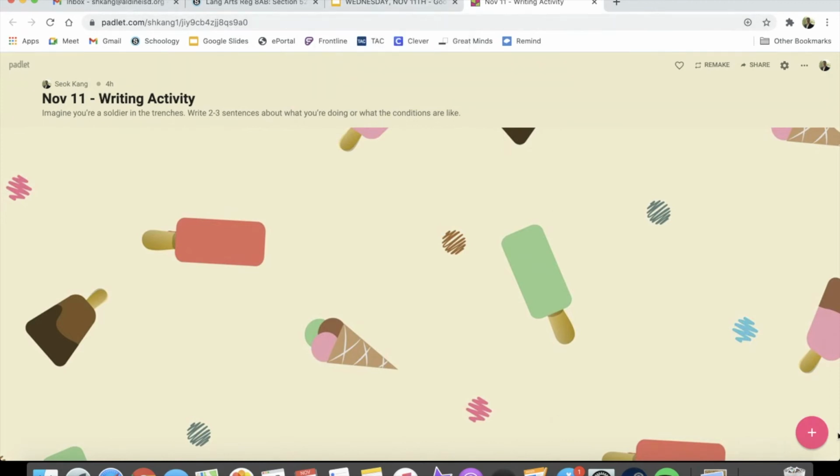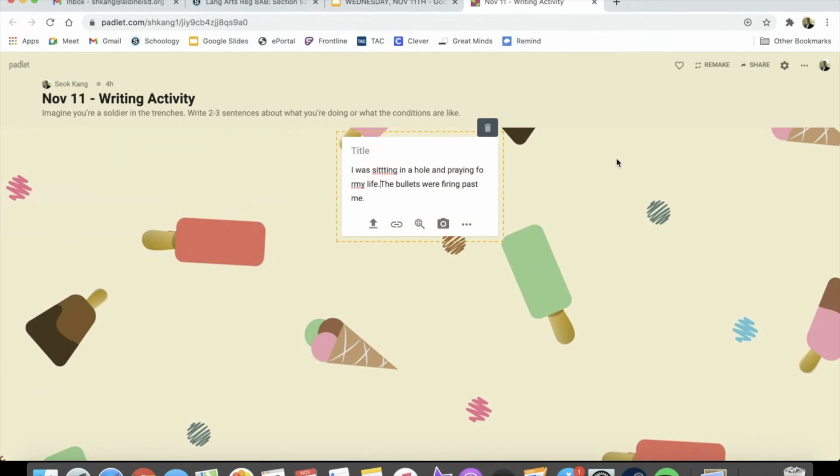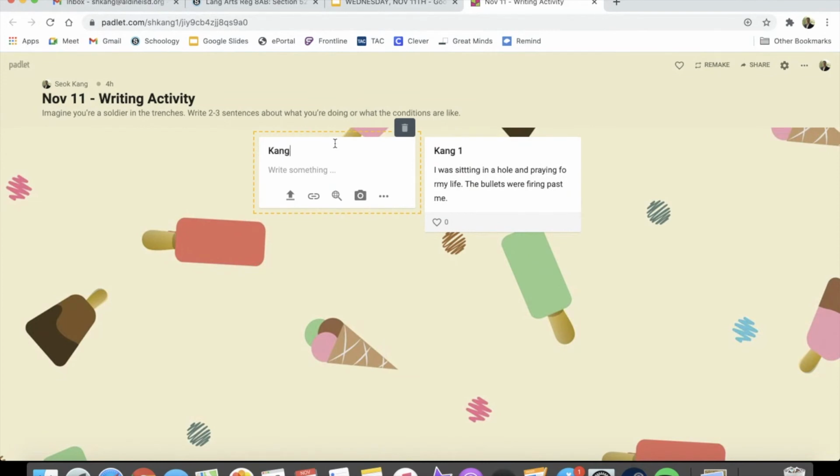And how you do that, if you didn't watch that Monday or you just need a refresher, is maybe you have a sentence in your post that is generic, like the bullets are firing past me, right? Say you do. I was sitting in a hole and praying for my life. The bullets are firing past me. Maybe that's your sentence, and I'll do Kang 1. Now, what I want you to do is you don't have to make the whole thing descriptive. So you can do, I was sitting in a hole and praying for my life, right?